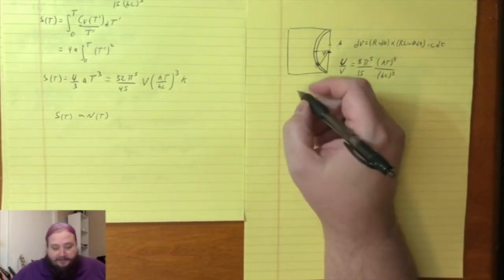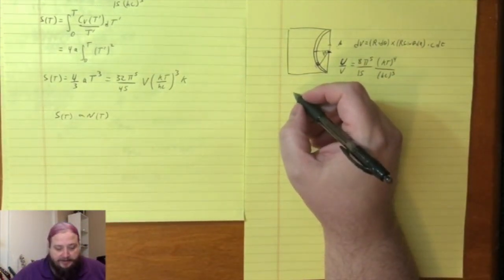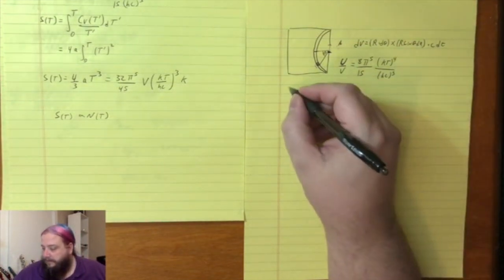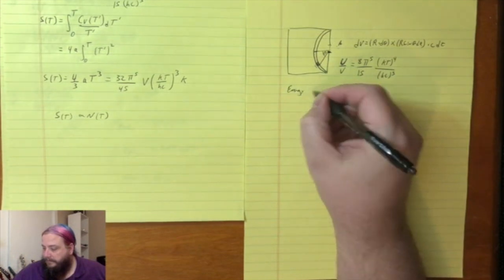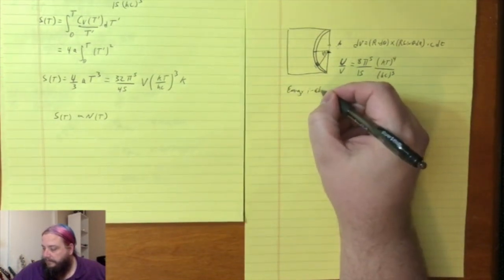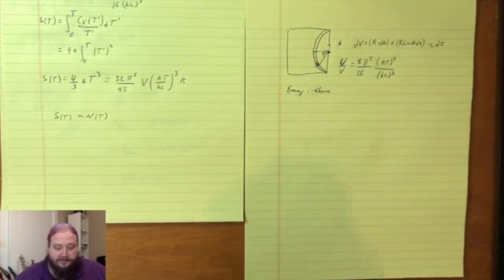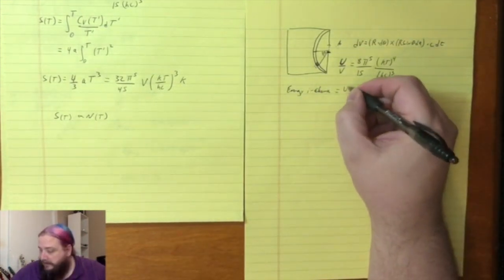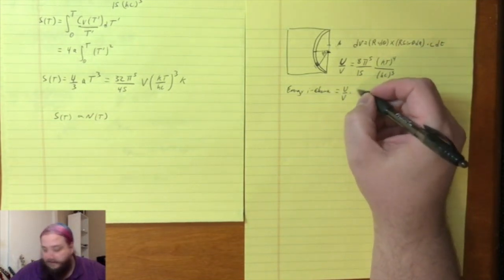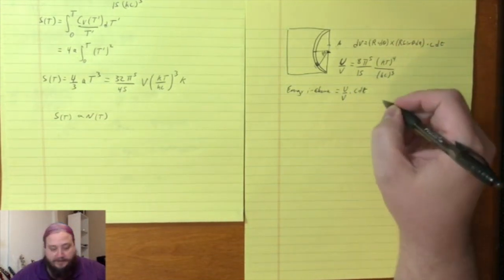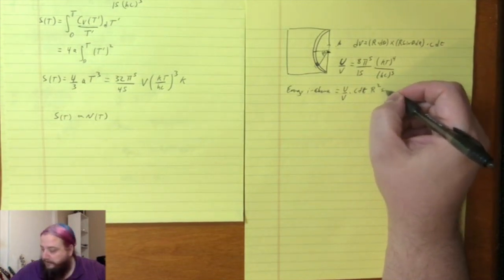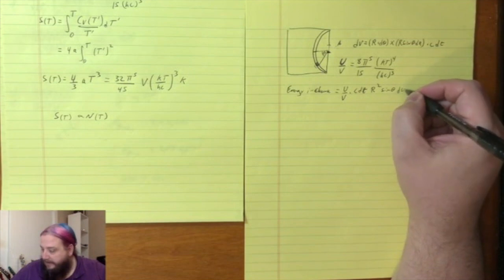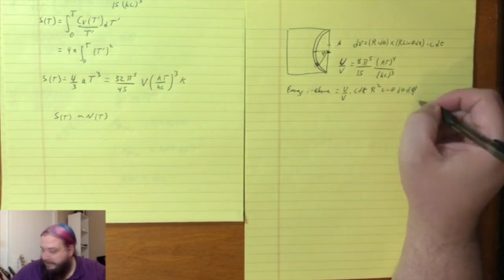So the energy in our chunk here is going to be U over V, our energy density, times c dt times r squared sine theta d theta d phi.